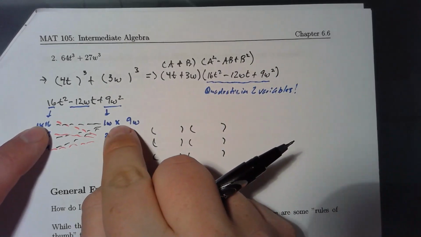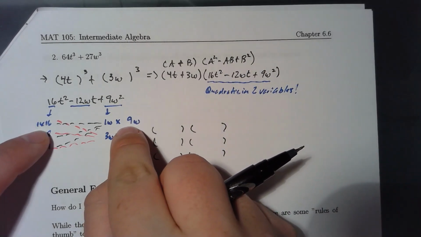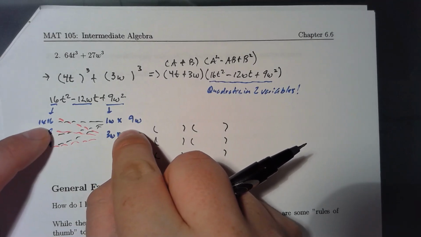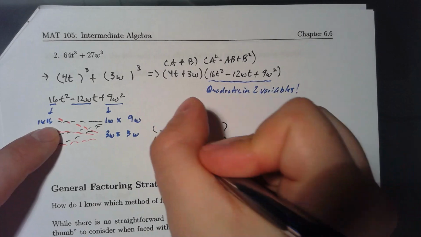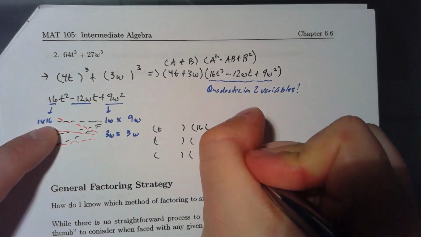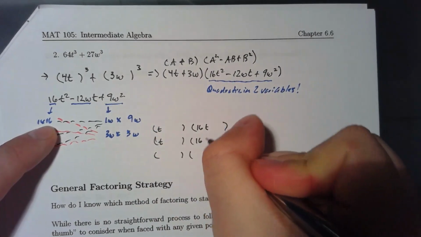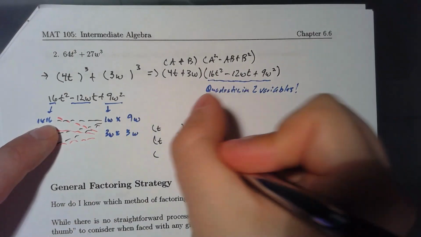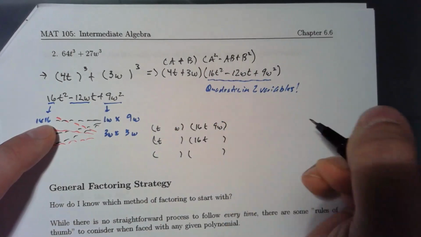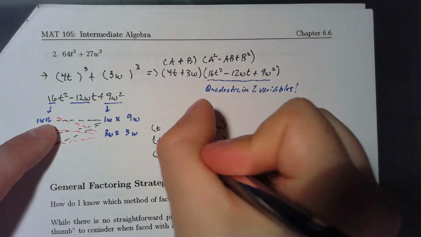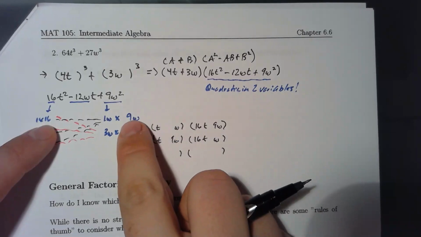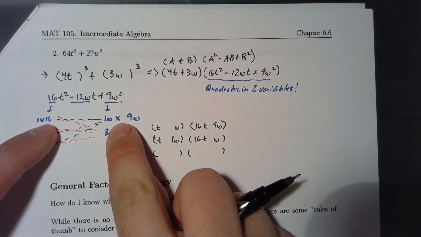So this pair right here, so I have t and 16t, right? t, 16t, and that's going to be for w and 9w. But then I'm going to flip it. So that's going to be 9w and w. So this right here corresponded to that pair right there.